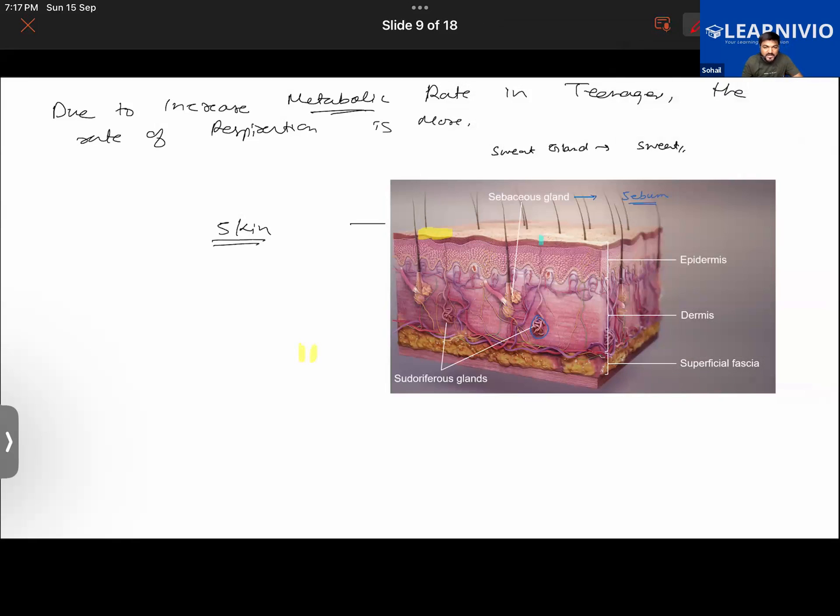That's why you will see that a teenager usually eats more food than adults, or than a person who is in their 30s or 40s, because they are very energetic, doing lots of workouts and playing lots of games, so the food will be instantly utilized.